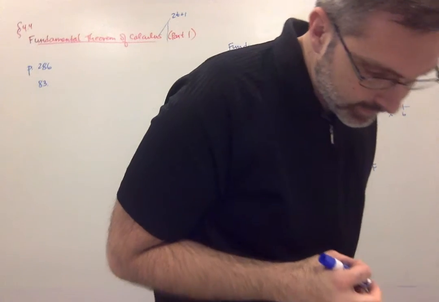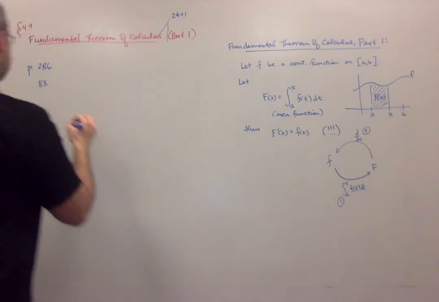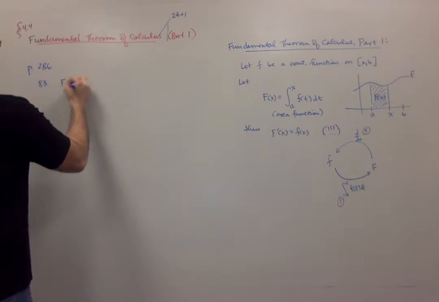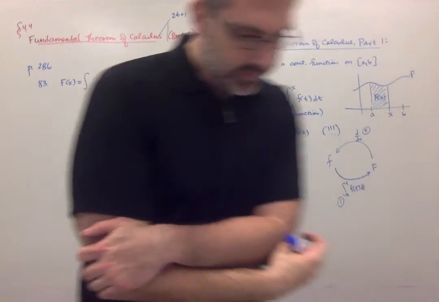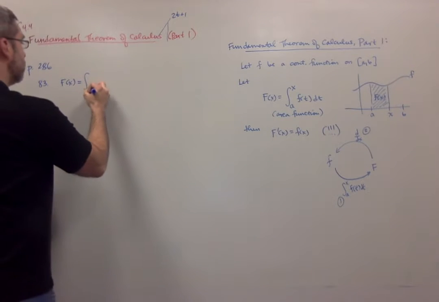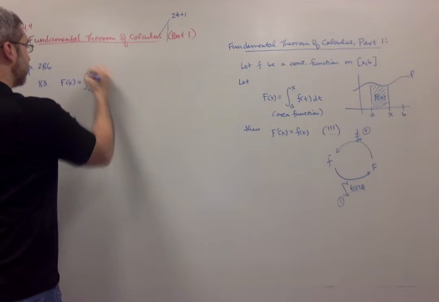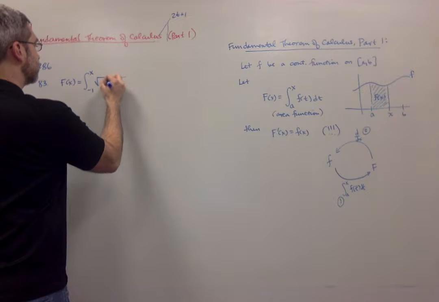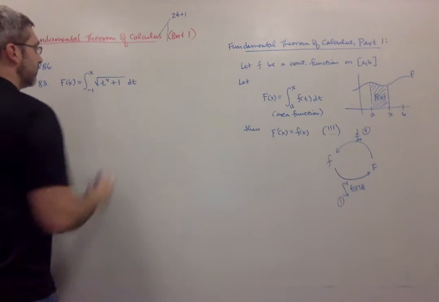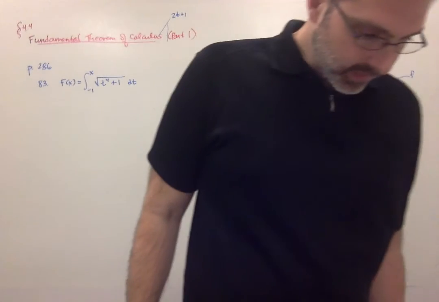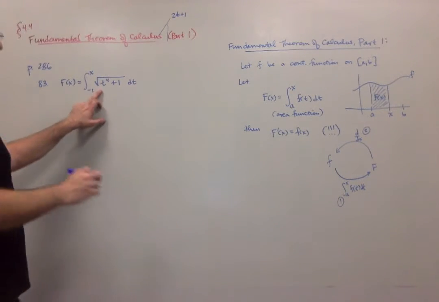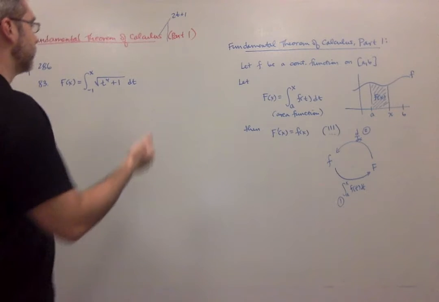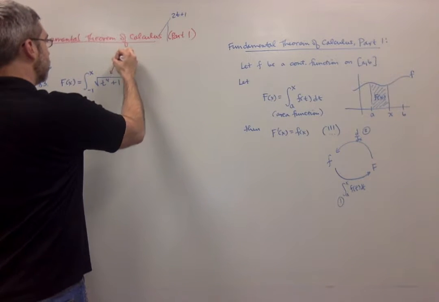Here's what they want you to do. We've got a function f of x that is written as the area from -1 to x of the square root of t to the 4th plus 1 dt. If you want to mentally think of it, this is your f of t.